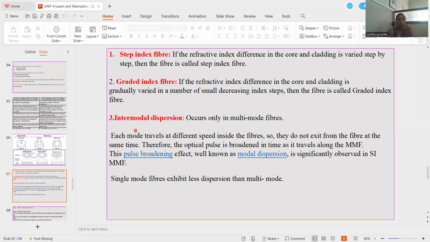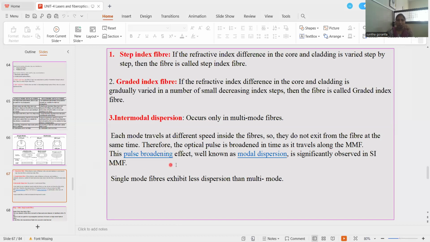Now see intermodal dispersion. This intermodal dispersion occurs only in multimode fibers. Now see what is intermodal dispersion. Each mode travels at a different speed inside the fiber, so they do not exit from the fiber at the same time. Therefore, the optical pulse is broadened in time as it travels along the multimode fiber.